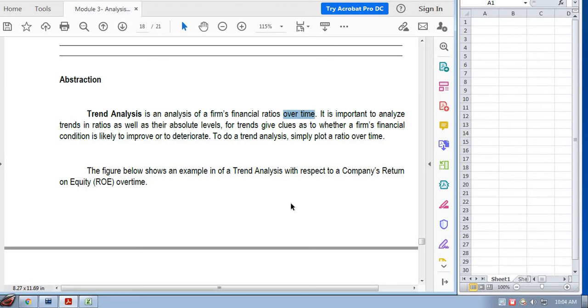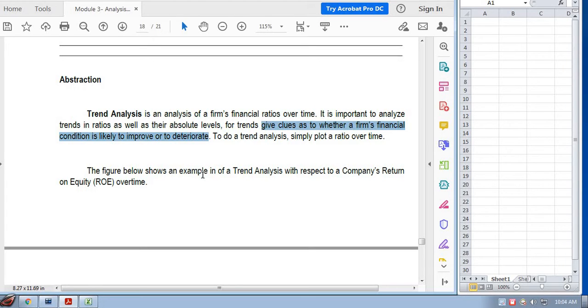So it is important to analyze trends in ratios as well as their absolute levels because trends give clues as to whether a firm's financial condition is likely to improve or deteriorate. Right? So say for example, you compare 2015 to 2020 and look at the return on equity of a specific firm.